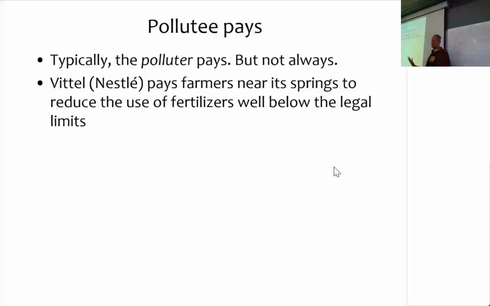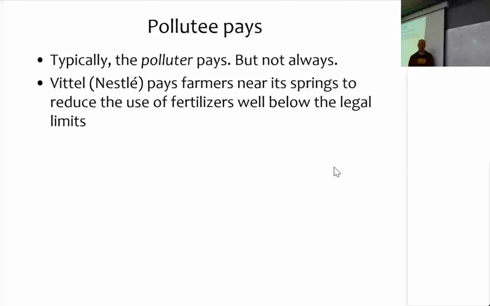And Vittel got its water out of a spring, and the farmers near the spring were happily using pesticides and fertilizers, particularly fertilizers, and as a result, there was too much nitrate in the spring water. The spring water was still perfectly fine to sell as drinking water, but it was not fine to sell as mineral water, right? And that is, of course, where the premium comes in.